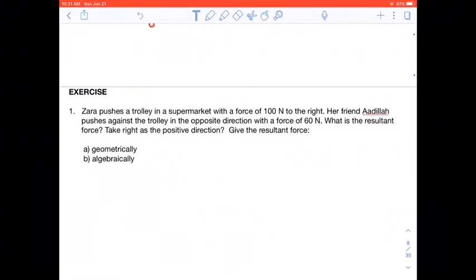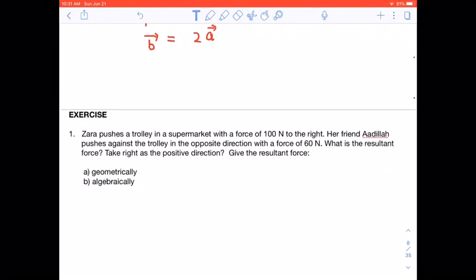Right, now let's look at this exercise. We have here Zara pushes a trolley in a supermarket with a force of 100 newtons to the right. Her friend Adila pushes against the trolley in the opposite direction with a force of 60 newtons.